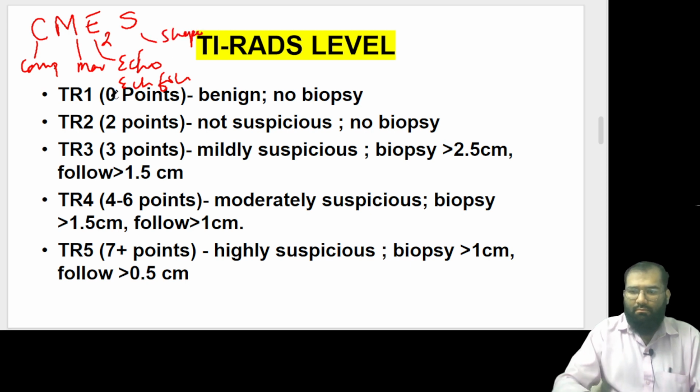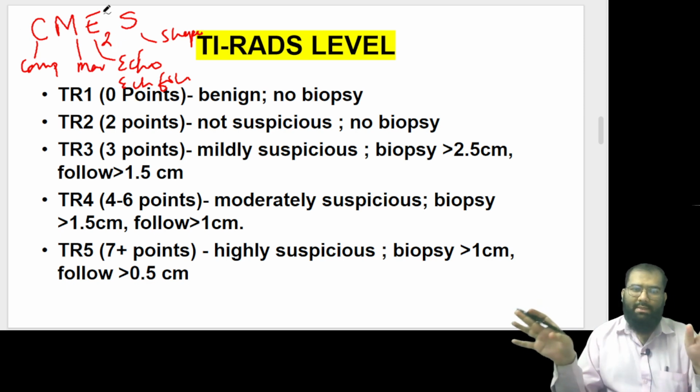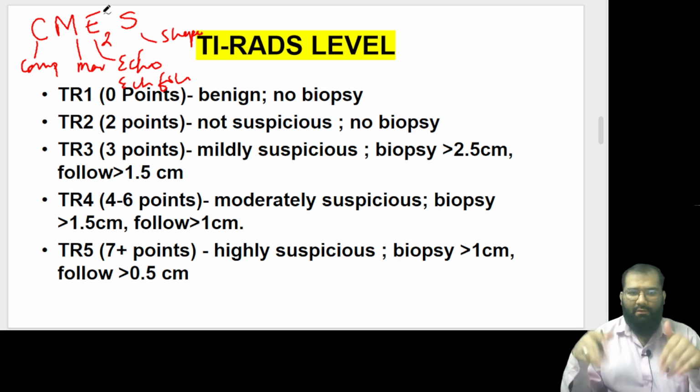Okay, so this is how you can remember the various important headings. Now for any lesion we will have to assess CMES, and based on CMES you will have to give the value.